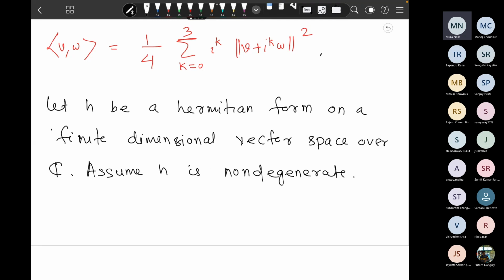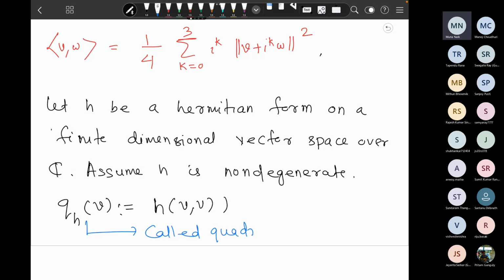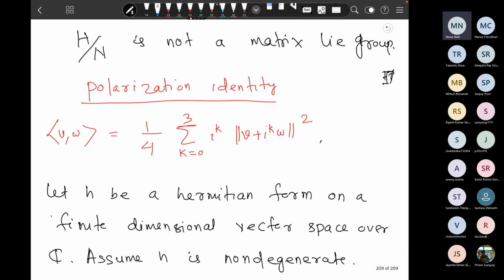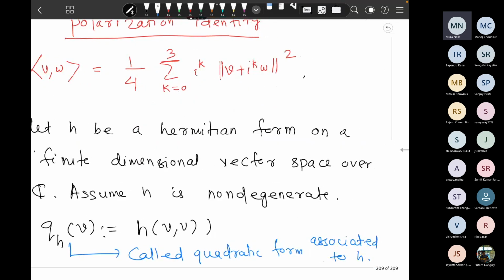So I define Q_H of v, which is equal to H of v, v. This is called the quadratic form associated to H. Okay, so now I have a polarization identity for a Hermitian form.